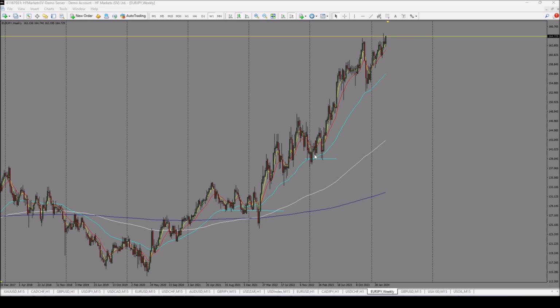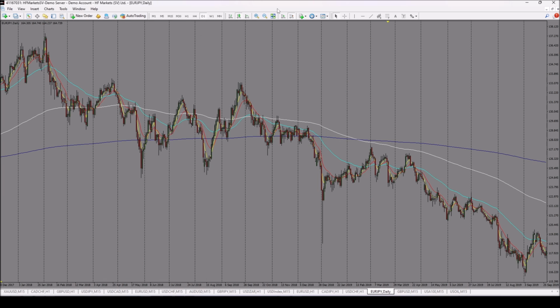But this is the weekly time frame, and we are not interested in making entries on such a high time frame. We need to go on tradable time frames, the H1 down to the M15 time frame, for us to make an entry. So I am going to use this point as my starting point, my datum, for my analysis. I'm now going to shift down to the daily time frame.